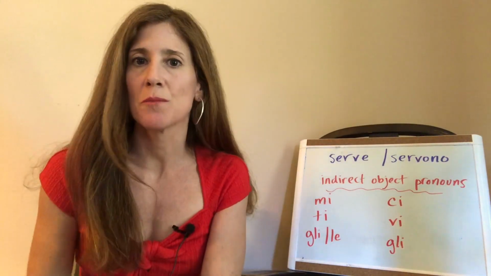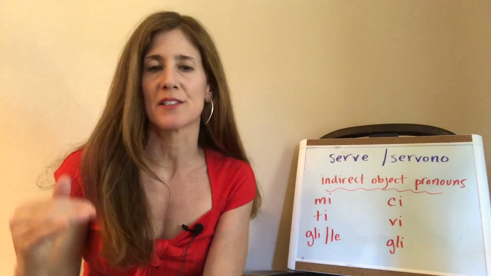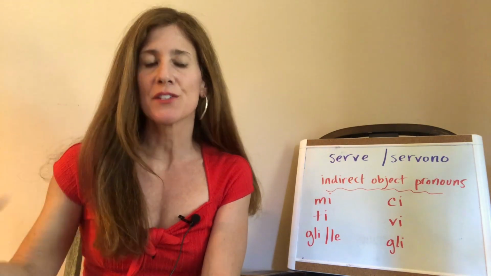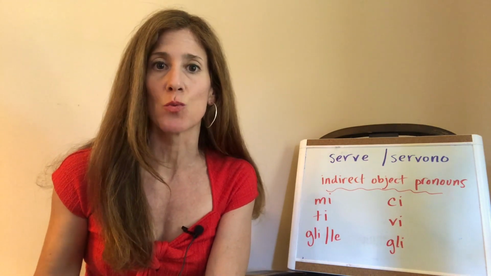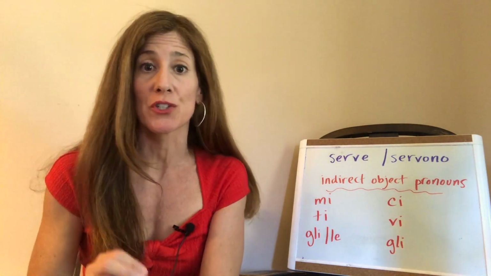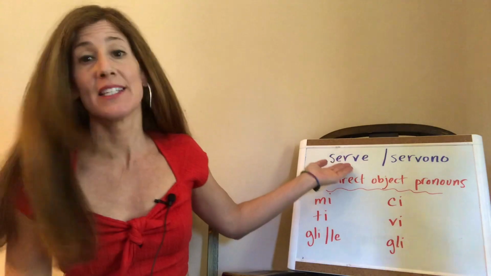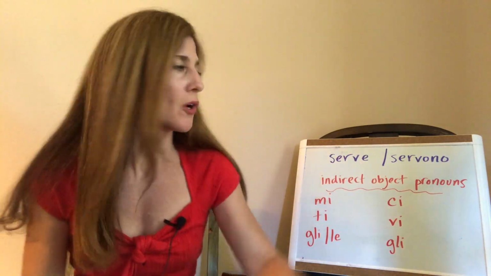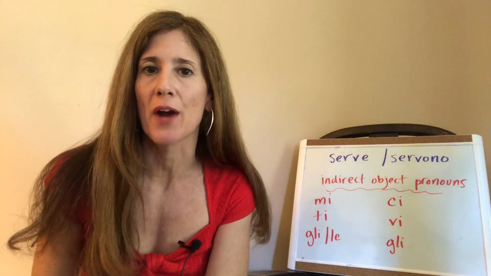Allora, il prossimo verbo, I said on the list that it was the verb servire, which means to serve. But in this context of expressing needs, we're only going to use it in two conjugations. The third person singular, serve, and then the third person plural, servono, okay?